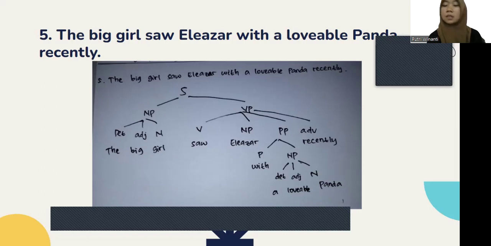The preposition phrase is with a lovable panda. The preposition is with, the determiner is a, the adjective is lovable, and the noun is panda. And the adverb is recently.